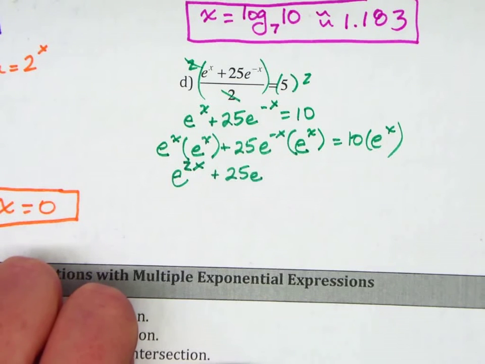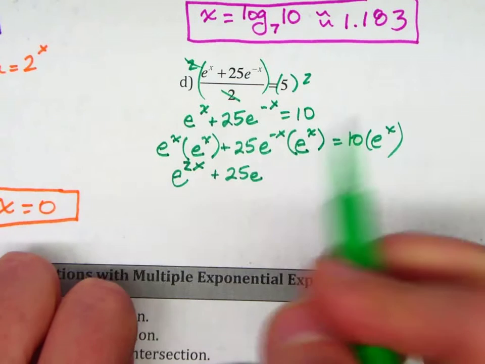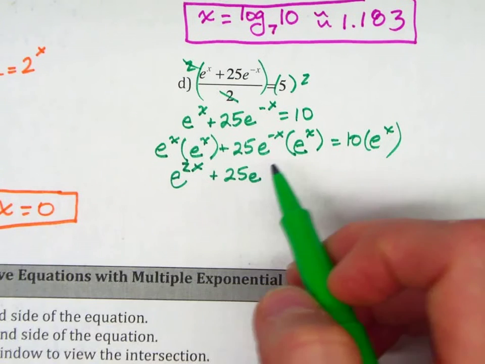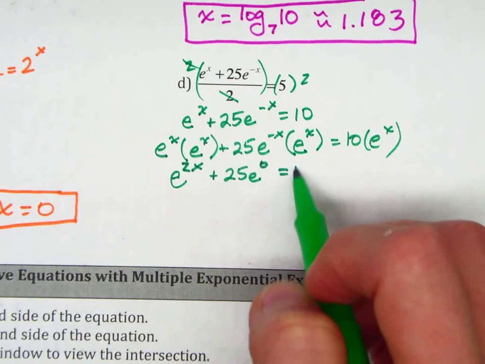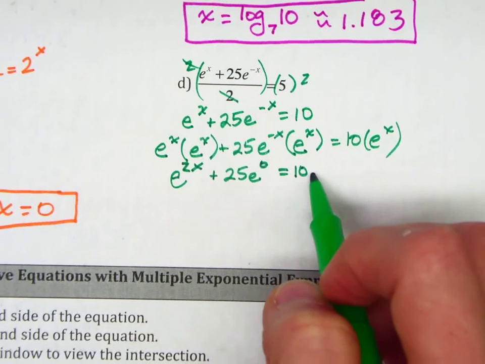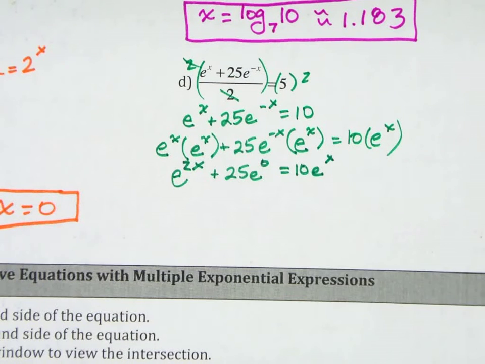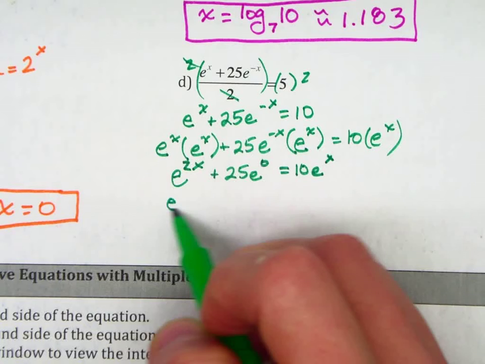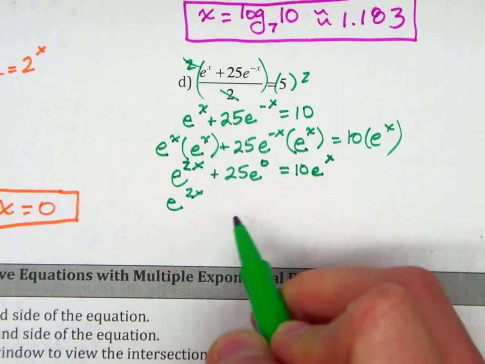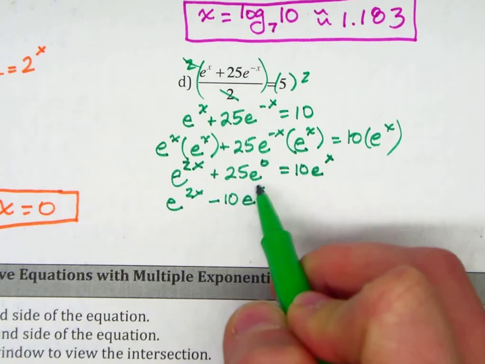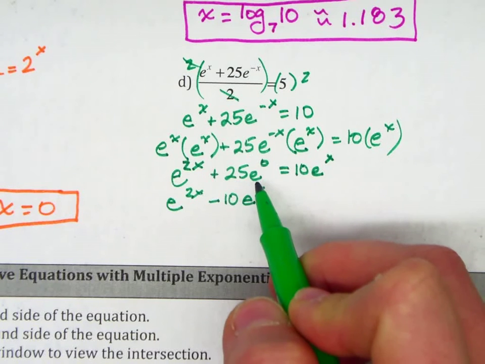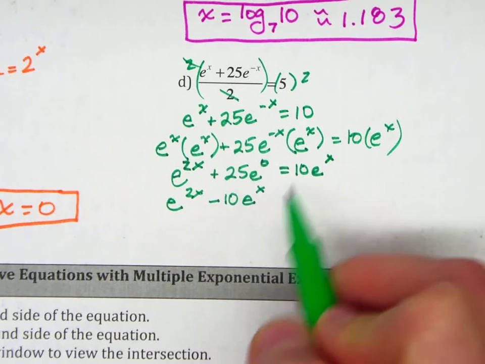What is negative x plus x? 0. And then equals 10 times e to the x. All right, we're going to move everything to one side. So we get e to the 2x minus 10 e to the x. What is e to the 0? 1. What's 25 times 1?